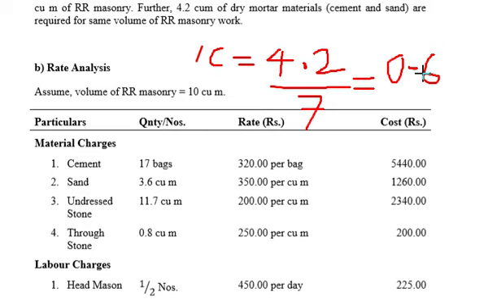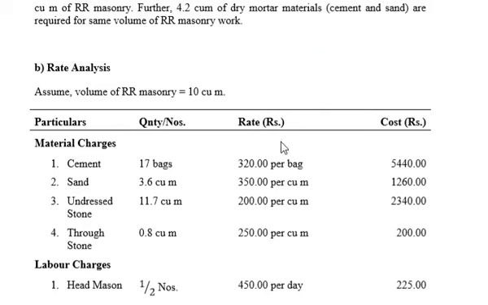See, this is for cement. 4.2 is your total dry volume, 4.2 divided by 7, so the total volume of cement is 0.6.